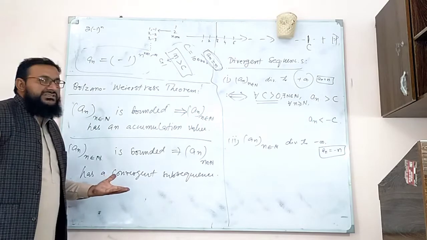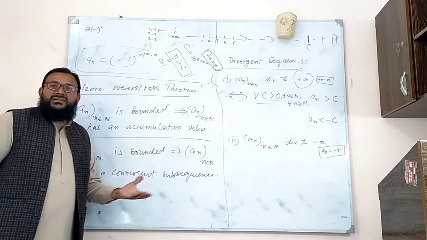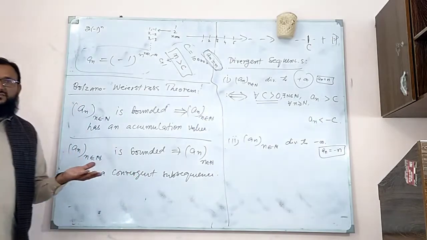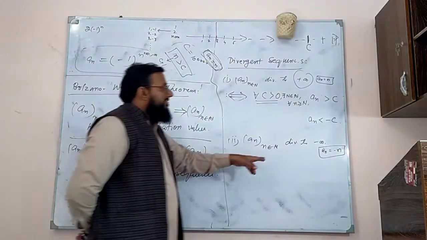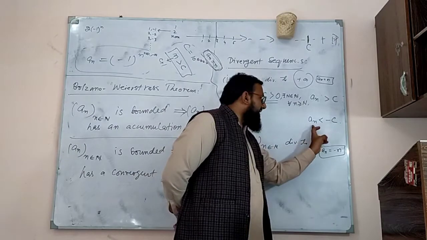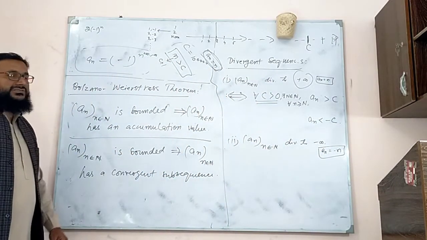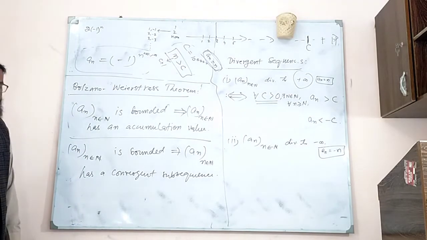Your C is positive. When you take negative C, it becomes a very large number in the negative sense, and all terms of the sequence are less than negative C. It means it diverges to minus infinity. So this is the definition for divergence to minus infinity.